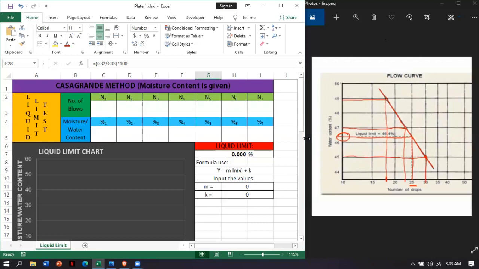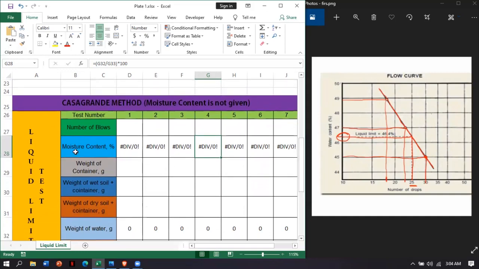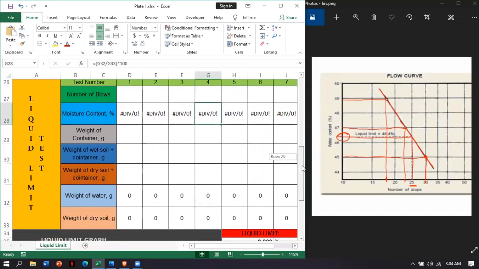First we're going to use the Casagrande method, where there are two possible situations. The first situation is the Casagrande method where the moisture content is already given, and the second is the Casagrande method where the moisture content is not given.